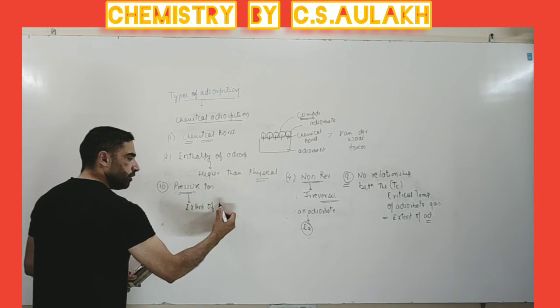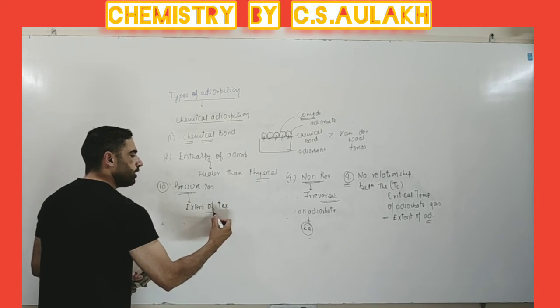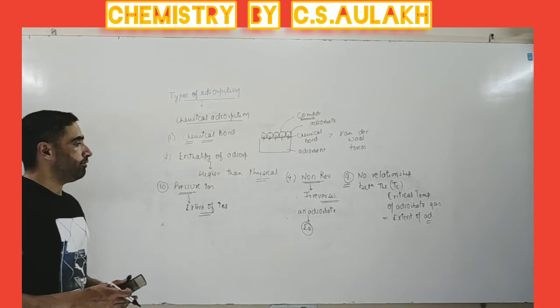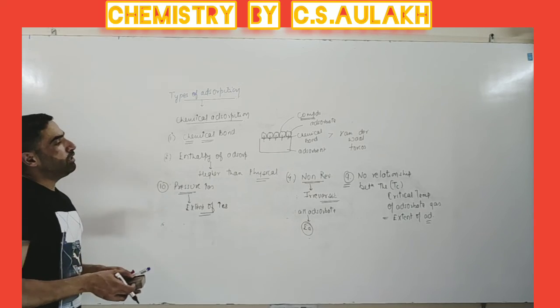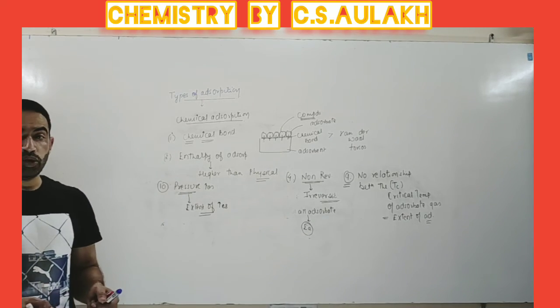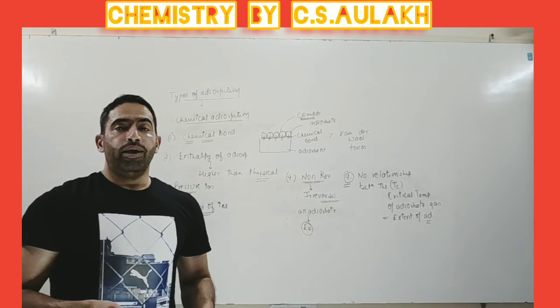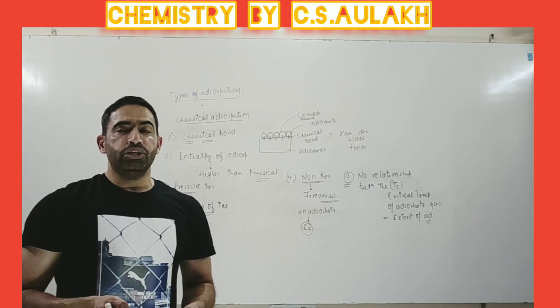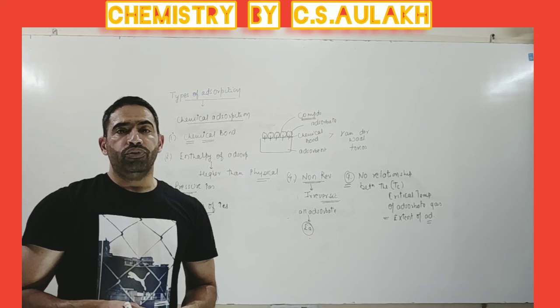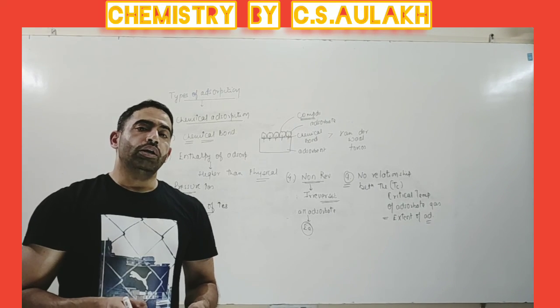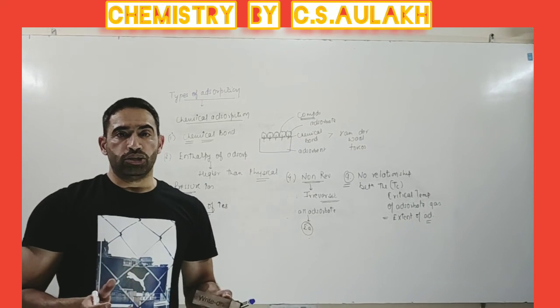This is the same as in physical adsorption, which we have already studied. So with this we have completed chemical adsorption and physical adsorption, and you must be able to write the difference between these two. So we have studied the two types of classification of adsorption. One is physical and the other is chemical adsorption.